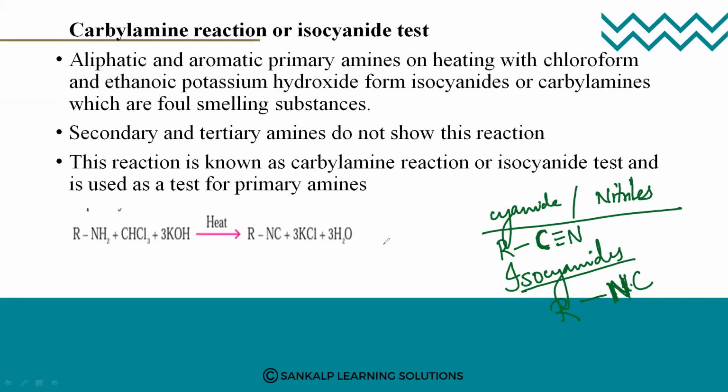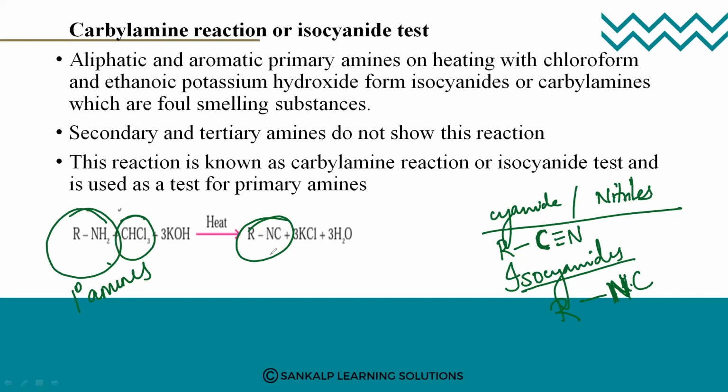So aliphatic and aromatic amines. If you take aliphatic or aromatic primary amines, again primary amines is the condition, on heating with chloroform and ethanolic potassium hydroxide, it forms isocyanides, also called carbalamines.